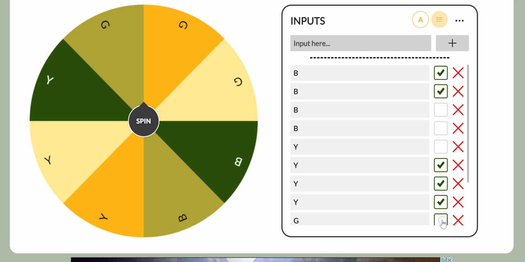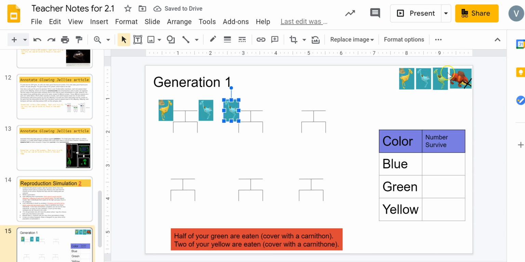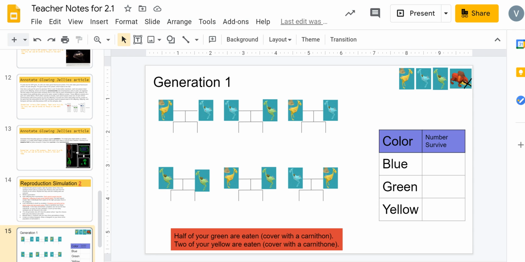Again, unclick that choice. It mated with a green. So this blue is going to mate with a green. So I bring a green. So continue to do this until all of your partners are filled up. I'm going to pause the instructions. You may want to too, and fill up the rest.